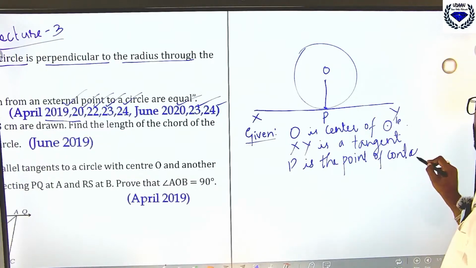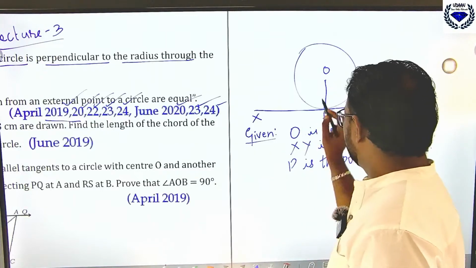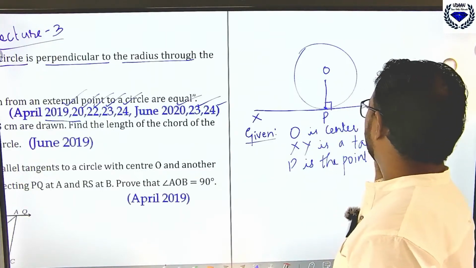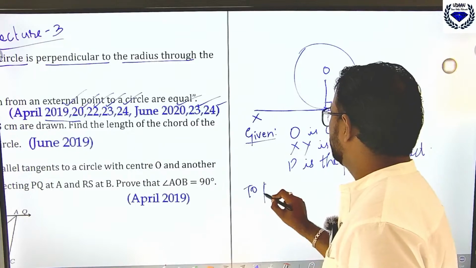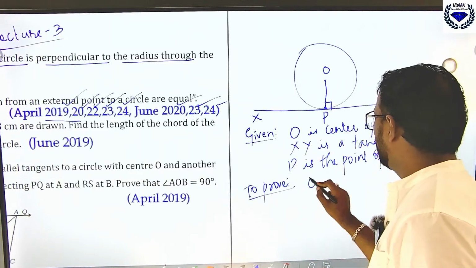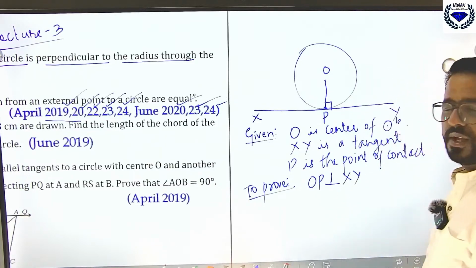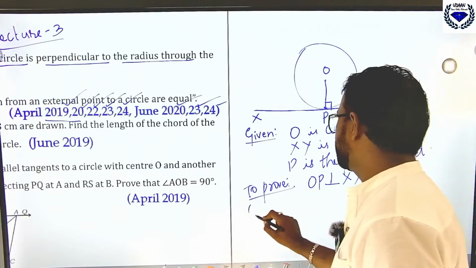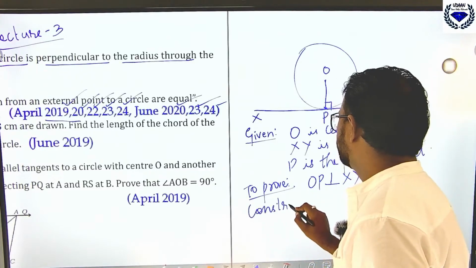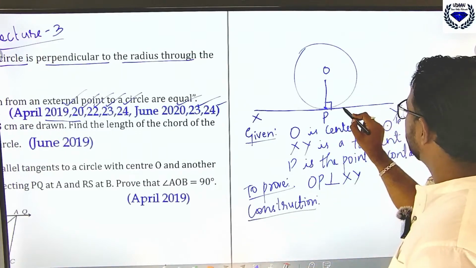Now, what should you prove? You should prove that OP is perpendicular to XY. To prove: OP is perpendicular to XY. This much you should prove. Then coming to construction, you should draw the construction. In order to prove this, you can take a point Q here.